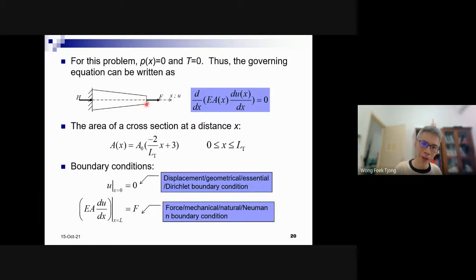How about at the right end? The boundary condition there is the normal force at x equals LT. It is tension, F. F is a given number, for example, 1 kilonewton. This is given.